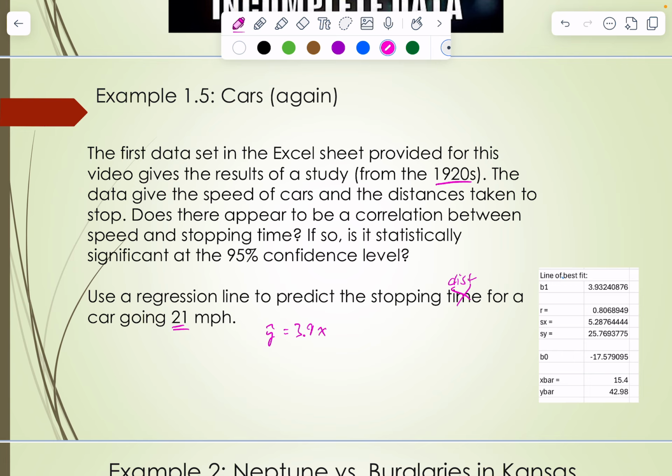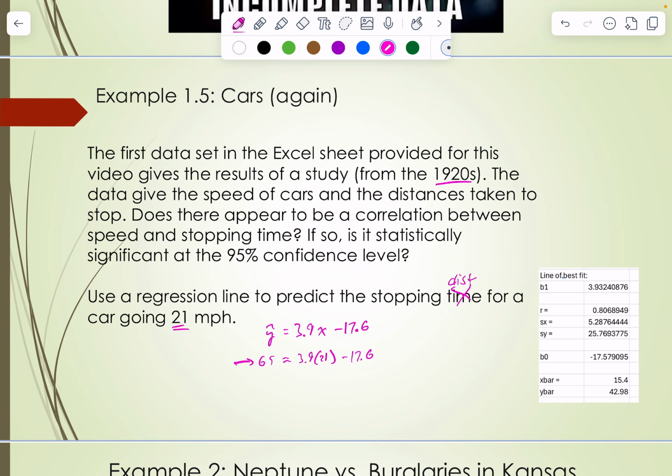Times x, which is my speed, minus 17.6. Okay. And so we have 65 is about 3.9 times 21 minus 17.6. That's what I got from Excel.